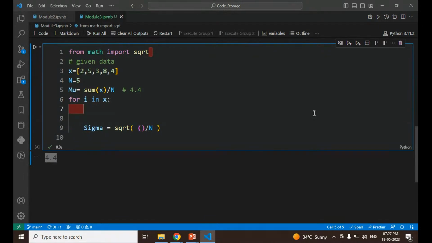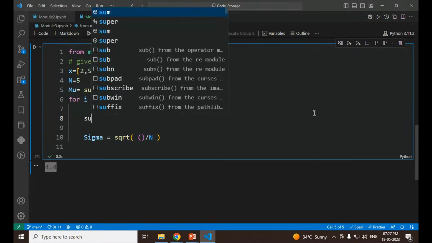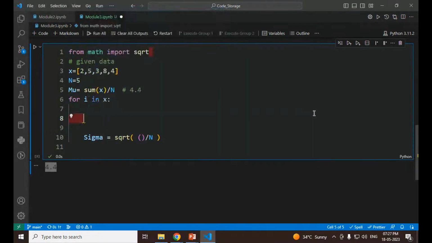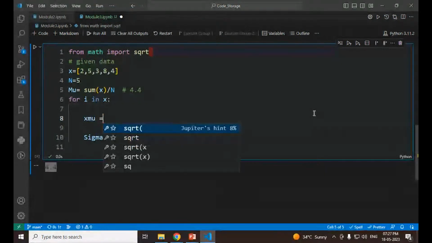All right. Then i minus mu. I'll take a sum, or what is my final value? That is my x minus mu, right? x minus mu. Yes. I'll write it.